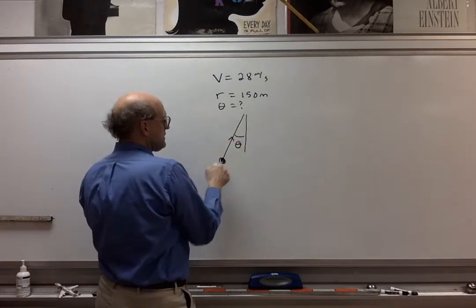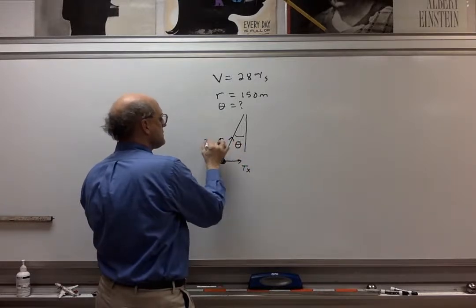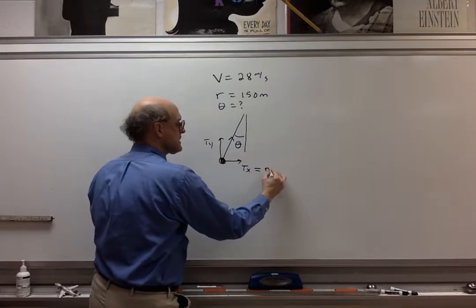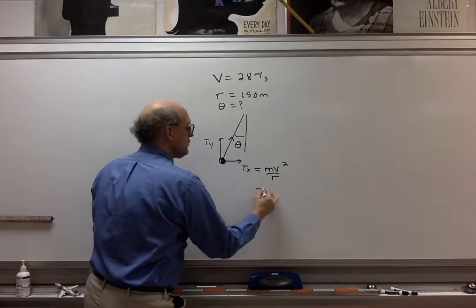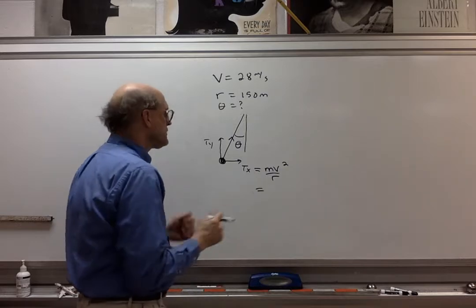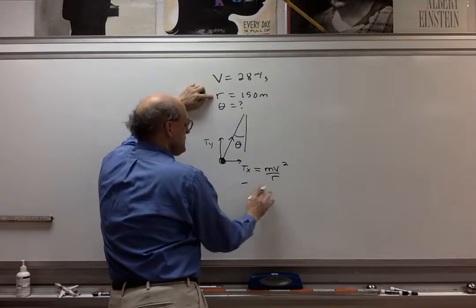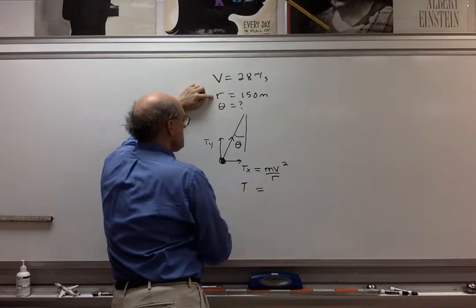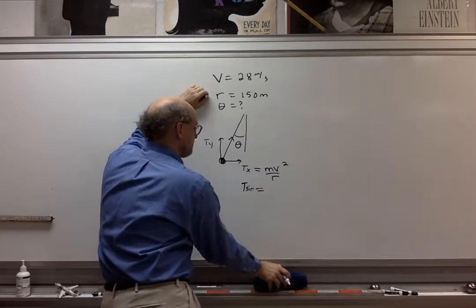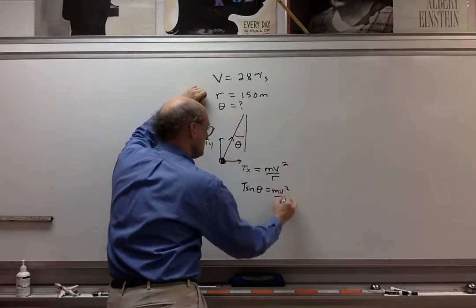So if we break the tension up into its x and y parts, you can see that Tx provides the necessary centripetal force, so we can set that equal to mv squared over r, where v is 2 pi r over the period. Actually, we don't need to do that because we know v and we know r. But Tx, in terms of the angle, is T times the sine of theta. So we have T sine theta is equal to mv squared over r.